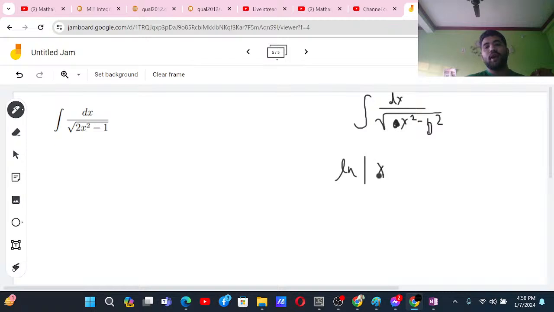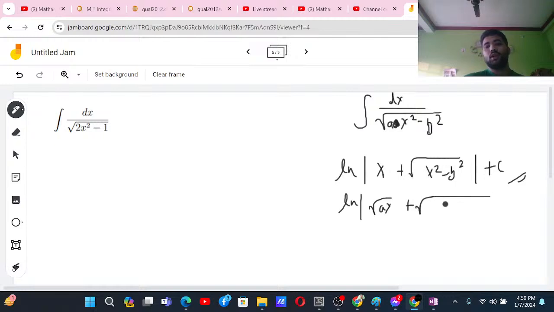So that's a standard formula. And if we have any a values over there, in that case it's ln of root a x plus root under ax square minus b square, and then we'll also have 1 by root a plus c.